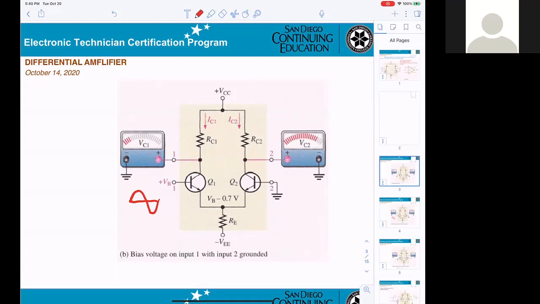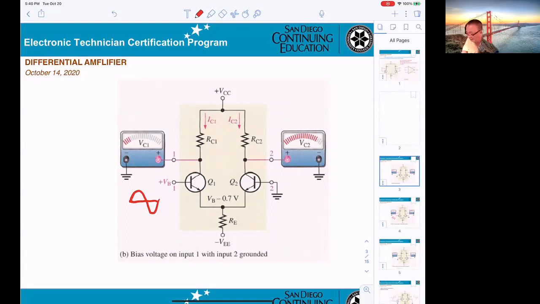It's a common emitter. What configuration? You have to tell me Q1 will be CC, CB, or CE. It's CE, and 180 out of phase when it comes out of Q1.